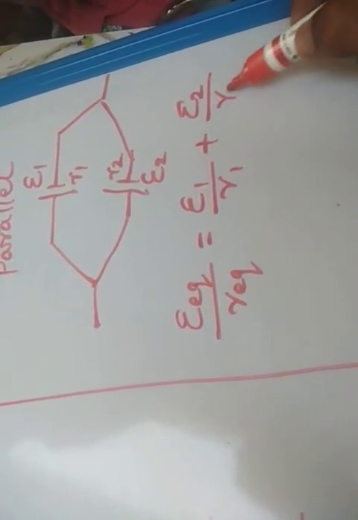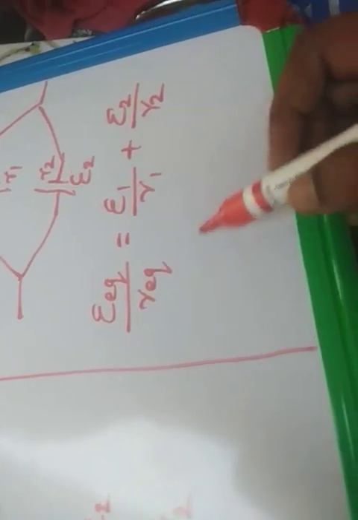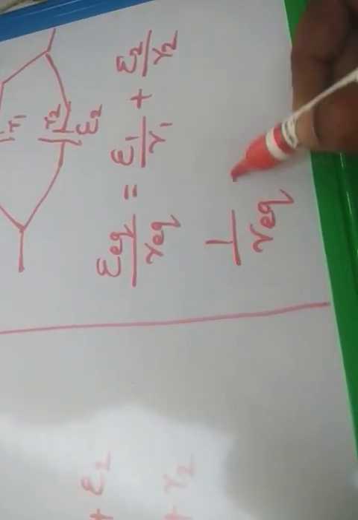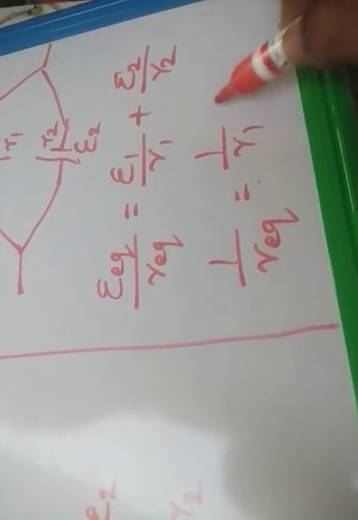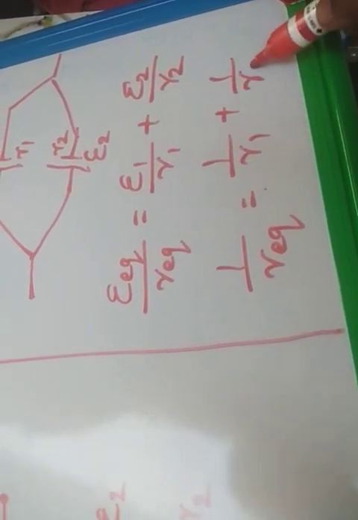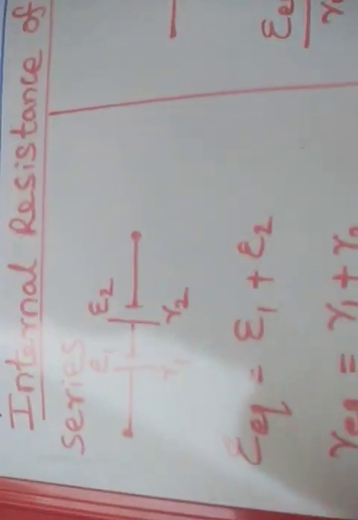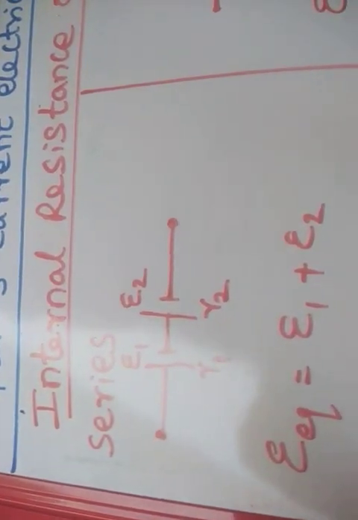This is the derivation we already did in the regular classes. Then 1 by r equivalent is equal to 1 by r1 plus 1 by r2. So these are the equations for the internal resistance of cells in parallel and series combination.